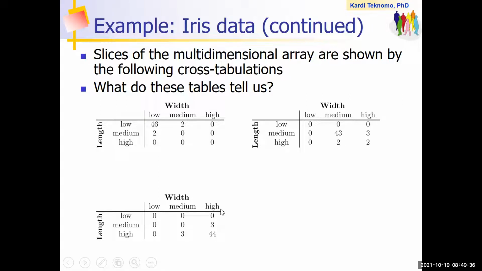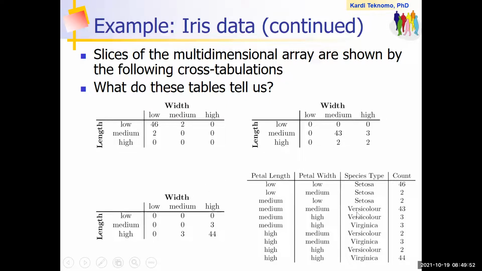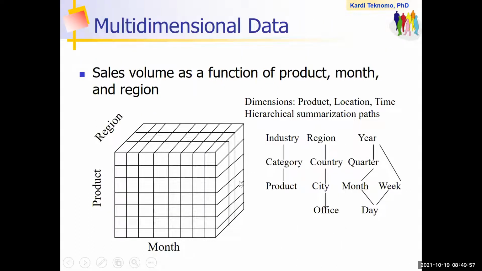You can do what is called cross-tabulation of length and width for each type of flower. So we can slice the multi-dimensional array, something like this. And this is the original data in the table. So now look at the idea.